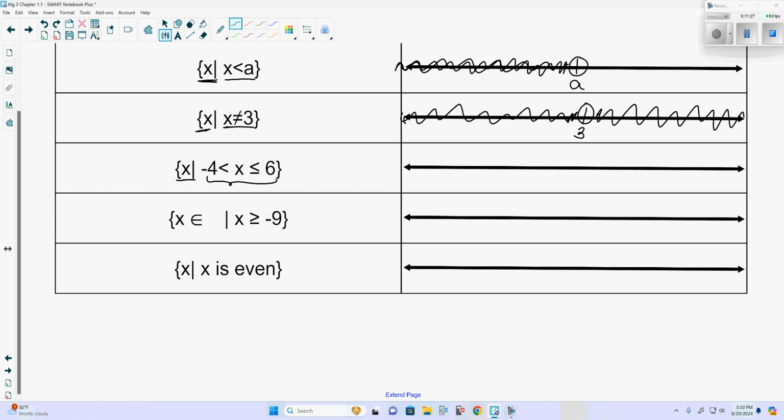So it gave us the description of our number type such that our description. So on a number line, we'd have -4, and we would have 6. The 4 is not included, so it's an open circle. The 6 would be shaded. And then where do we shade on the number line? In the middle.